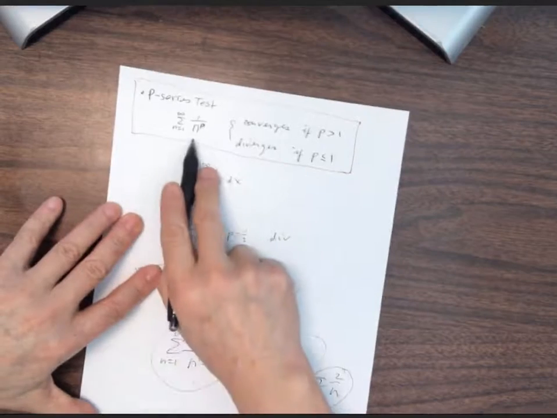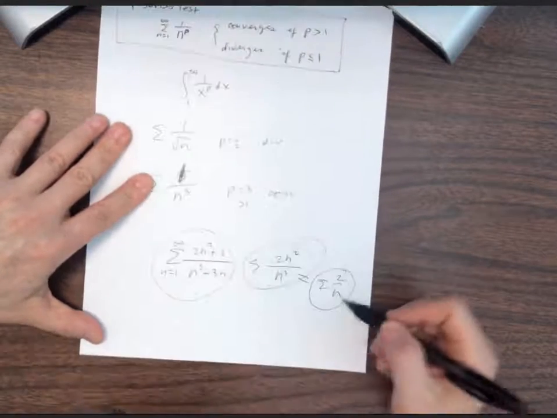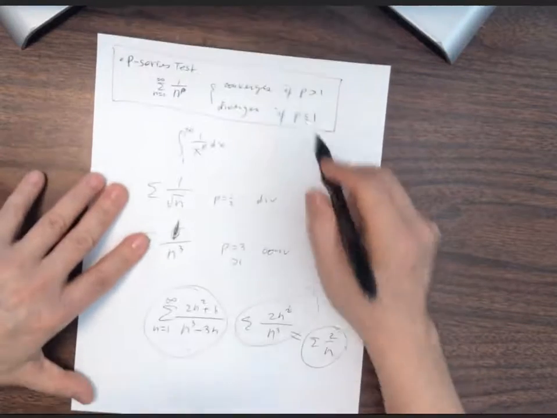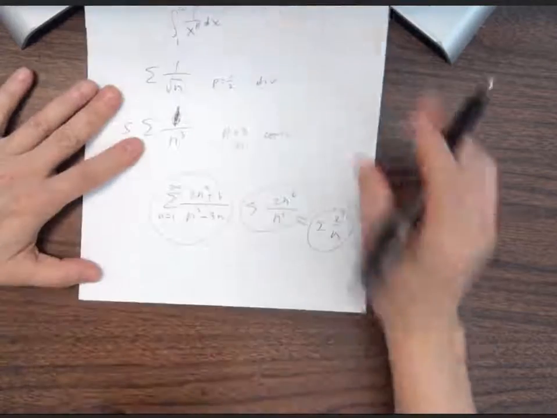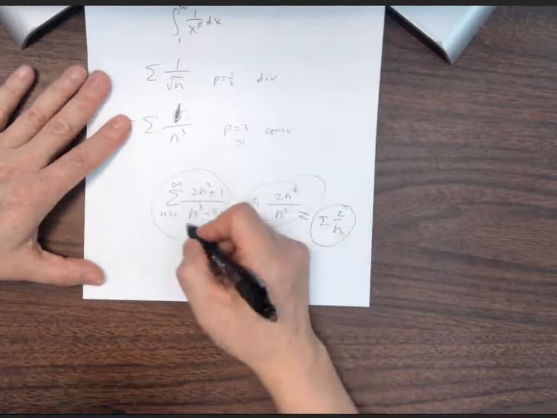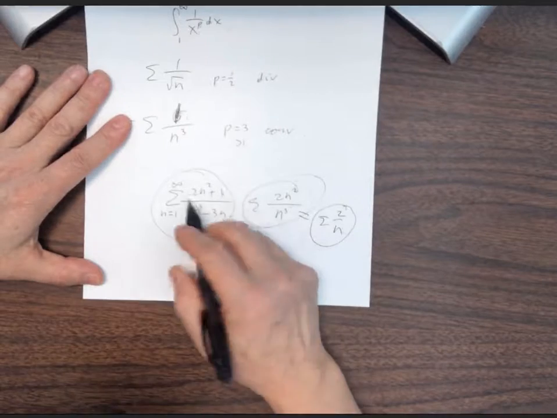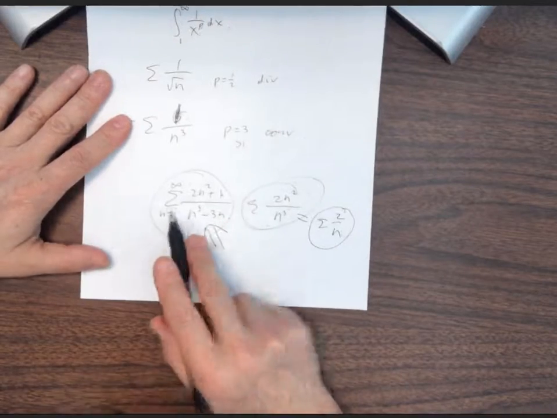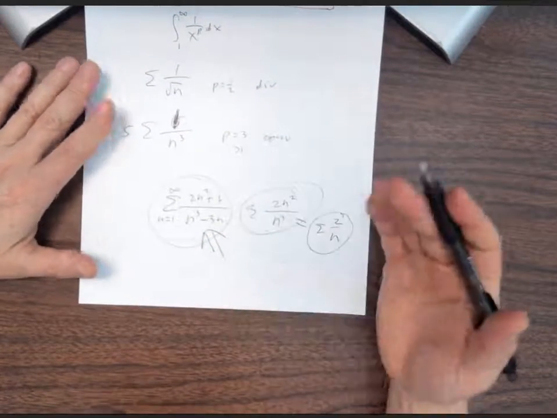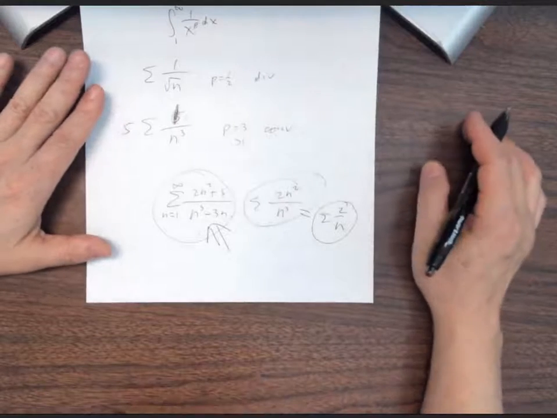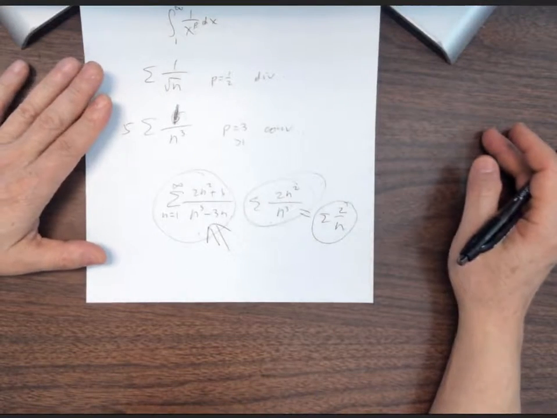According to the P-series test, this one diverges because p is 1. So with this, we can probably guess for now that this should diverge too. But this is just to estimate. It's not a rigorous mathematical proof.